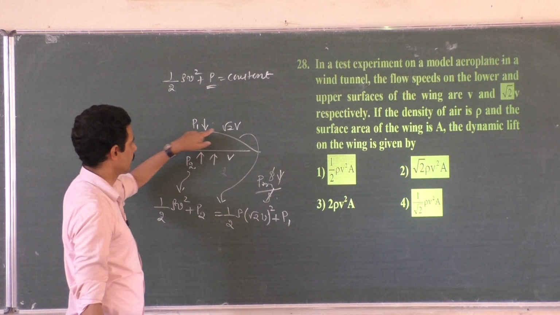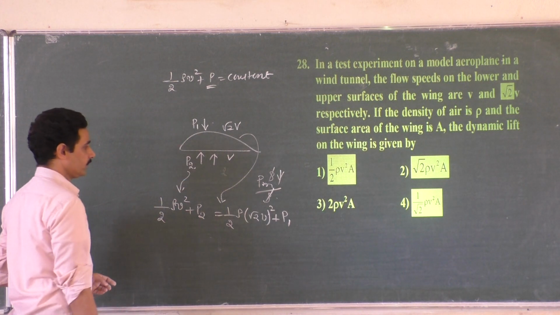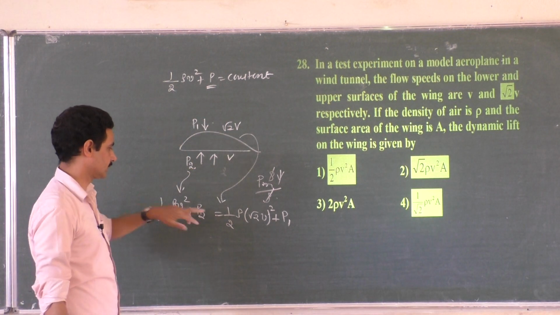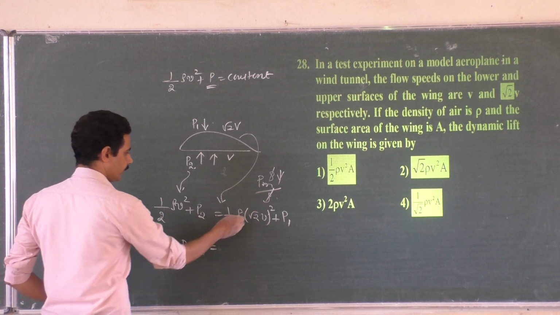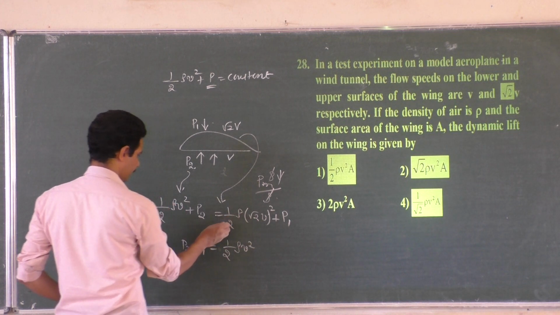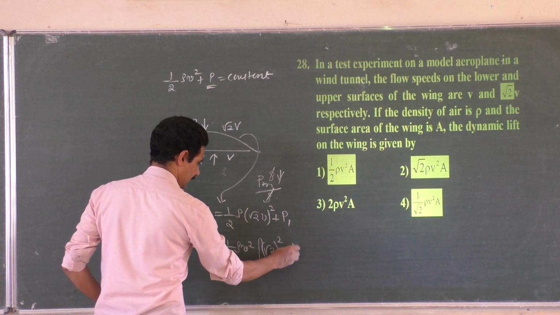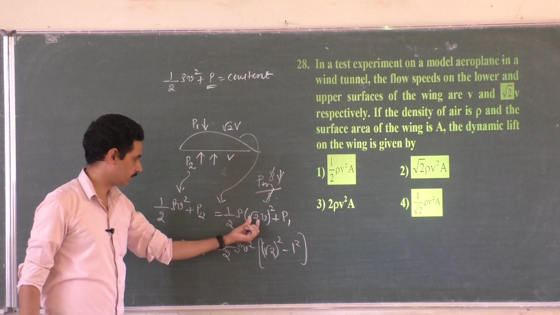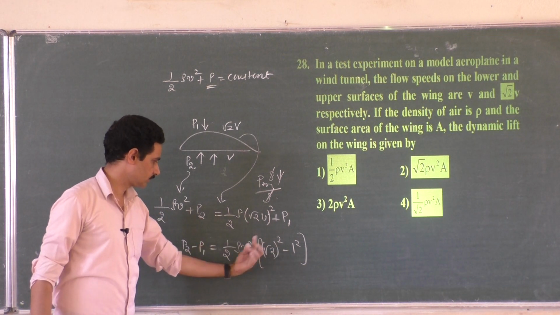So I want to find out P2 minus P1, the pressure difference. Pressure here is more and pressure here is less. So P2 minus P1 must be equal to half rho, v square is common, right? Half rho v square times root 2 whole square minus 1 square. Am I right? Yes, this is root 2 whole square, this is 1 square.